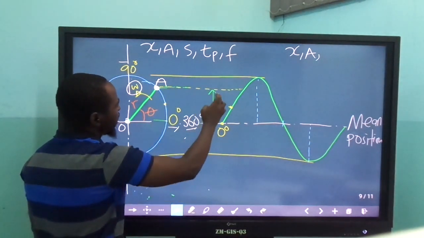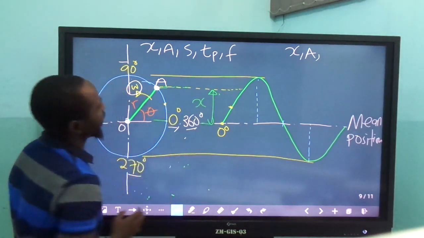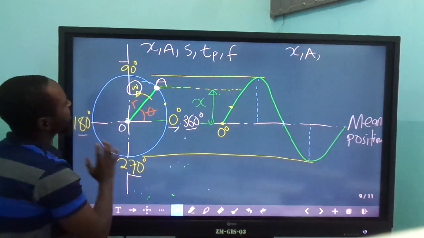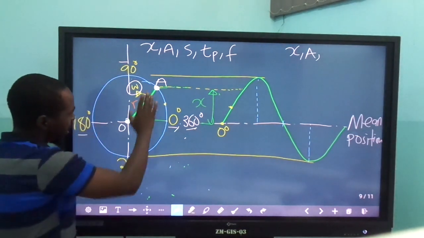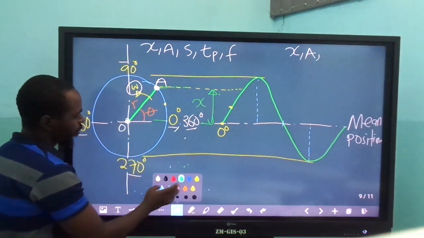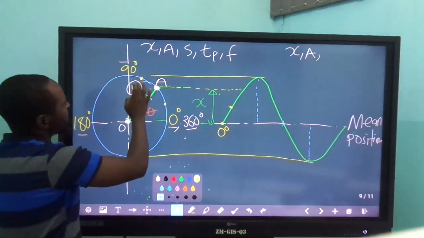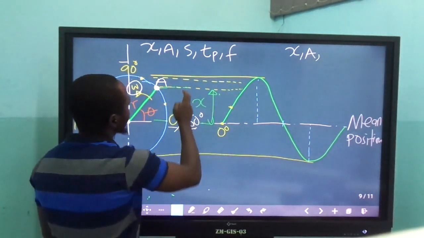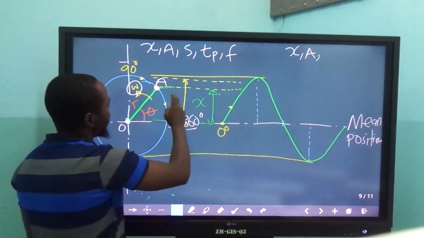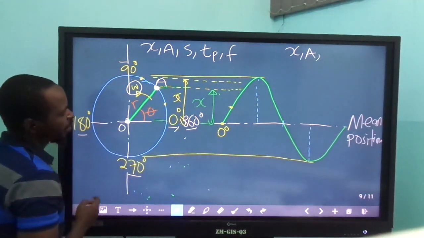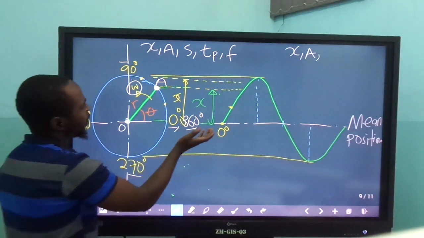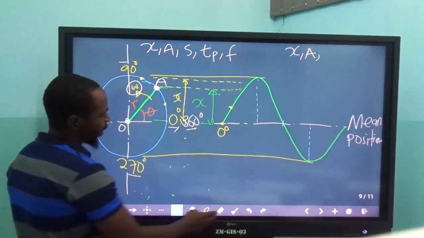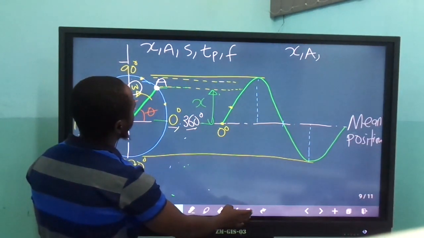So this distance at this point is x, is the displacement. Now, the displacement is changing as A changes position. So, when A is at this position, the displacement will be that. Clear? So the displacement is the distance from the mean position to where a particle is.